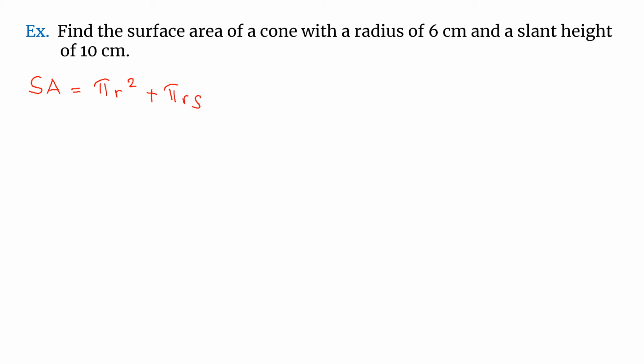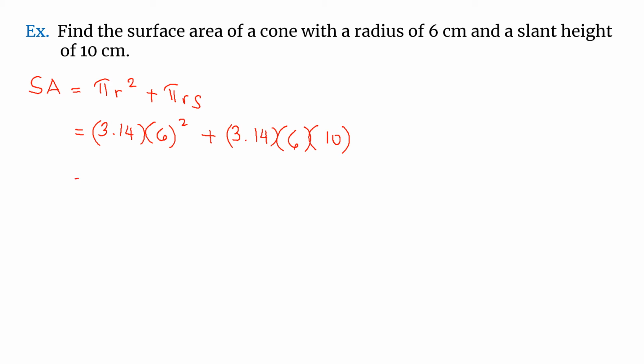So using this, i-replace natin or i-substitute natin yung mga given. Pi is equivalent to 3.14. Ito yung kadalasang ginagamit natin. While the given radius here is 6 centimeters, so we have 6 squared, and then plus another pi, which is 3.14, okay? And then given radius 6, and given the slant height 10.